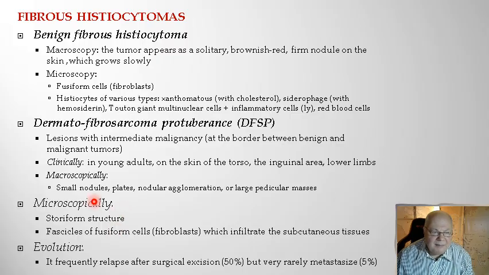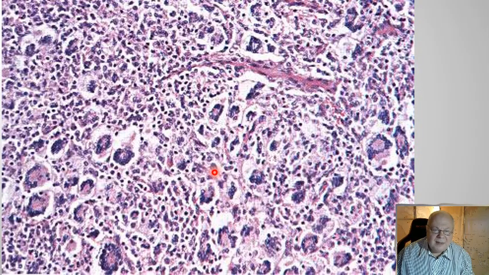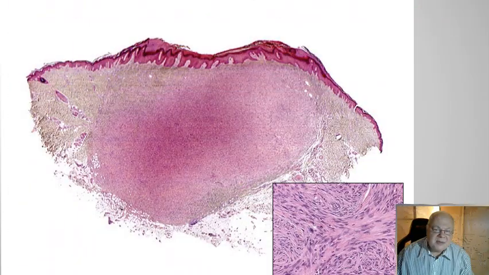Otherwise, it looks very much alike a fibrosarcoma, like we saw before, but in this very superficial location in the dermis. This is the benign fibrous histiocytoma, in which we have this large number of multinucleated giant cells called Touton cells, which are characteristic for the benign histiocytoma.